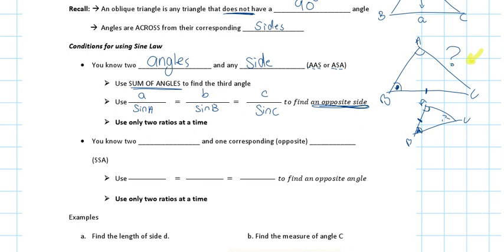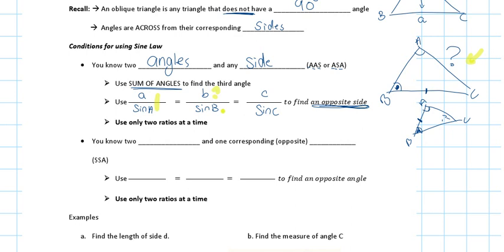So if you are to use two of these, which one would you use? A and B, right? Because you know A, you're going to have to use A. Because you're looking for B and you know angle B, you're going to have to use the ratio B. So you see that I know side A, I know angle A. I know angle B, I'm looking for side B. So I have three knowns and one unknown. I can solve.